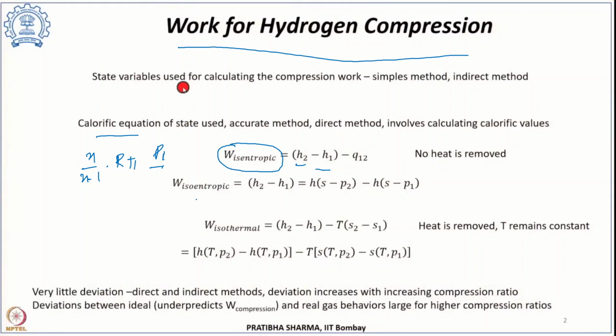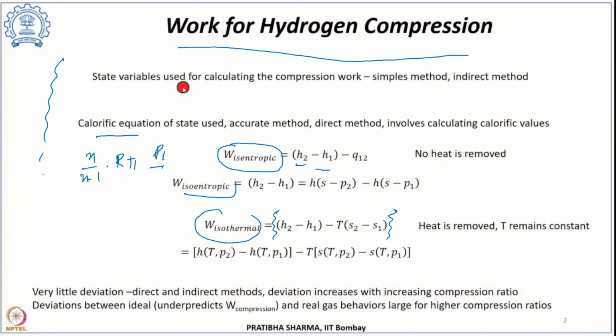Similarly, for the isothermal process work done, you just have to remember the H values. If you know them, you can get the formula: H2 minus H1 minus T (S2 minus S1). This is in terms of calorific equations.